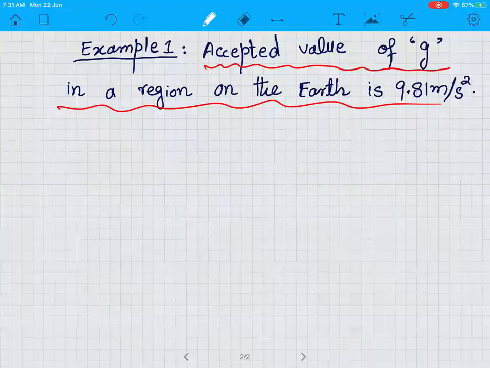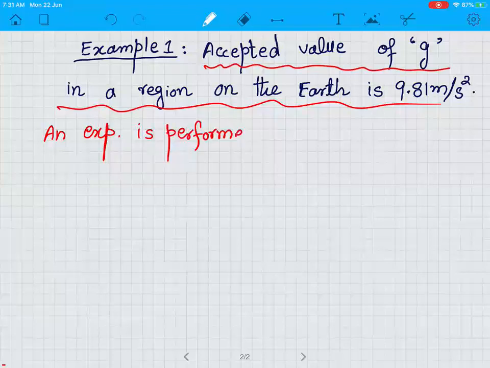value. Now, an experiment is performed to find small g.